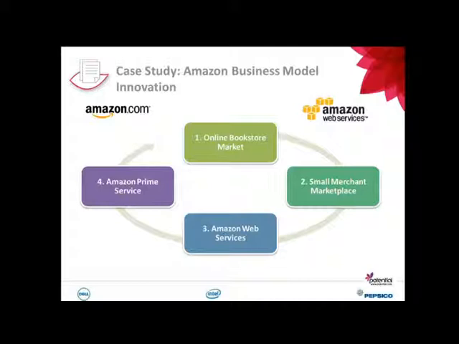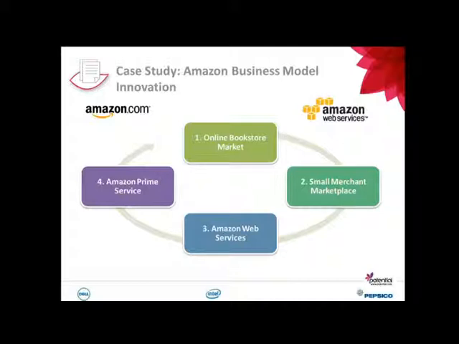So any type of product you wanted, you could find on Amazon, along with the users' reviews, the prices, and the discounts. Moving forward, they said, since we are able to sell online as many products as we want, why not allow small merchants to start selling their own products on Amazon?